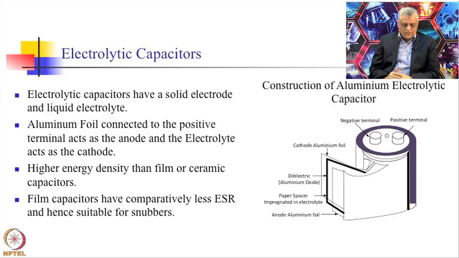Now this oxide is covered all over with a liquid electrolyte, and it constitutes the plate of the capacitor. Next to this, a second foil of aluminum is placed, which is used for electrical contact with the electrolyte, and the other side of this aluminum foil is used as the negative terminal of the capacitor.